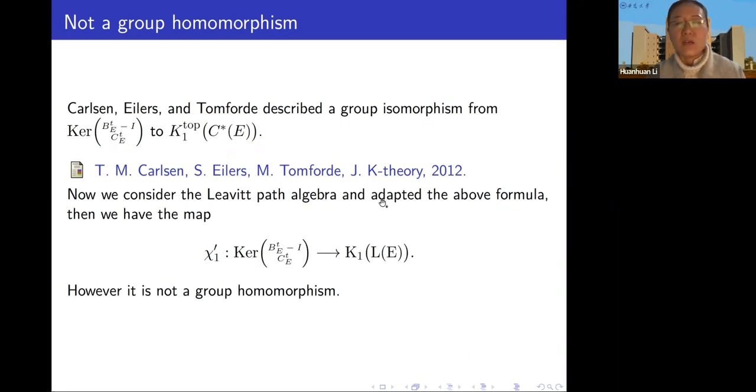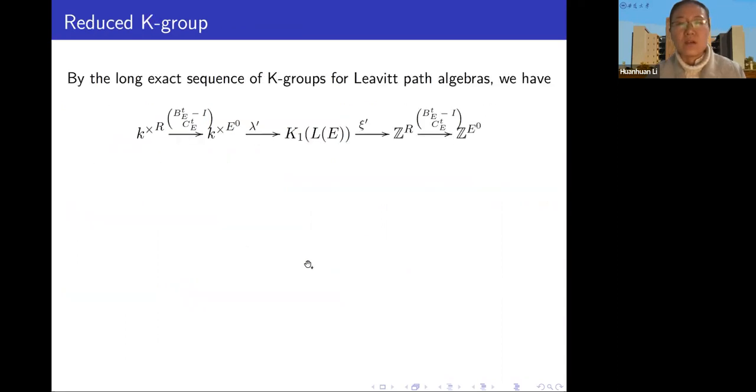So we adapt this formula, and then we can define a map Chi1 prime. However, we found that it's not a group homomorphism, because there are some very simple examples where this Chi1 prime is not a group homomorphism.